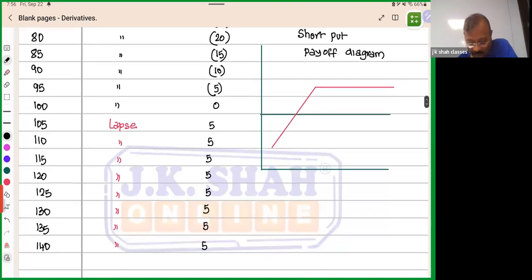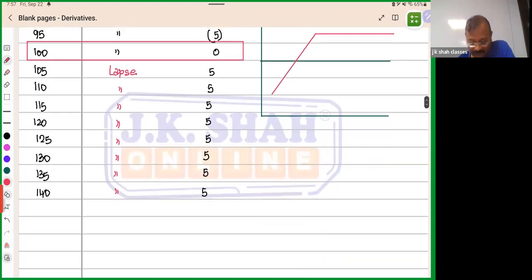Now, where is the break-even point appearing? How can you express this? Strike price minus premium. Break-even point for short put.